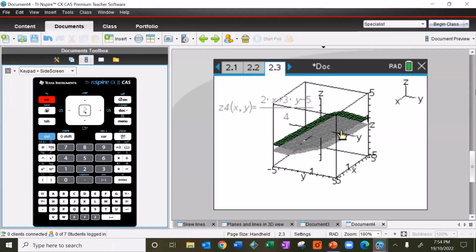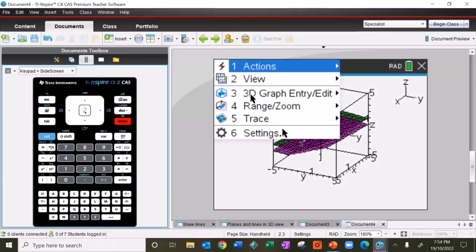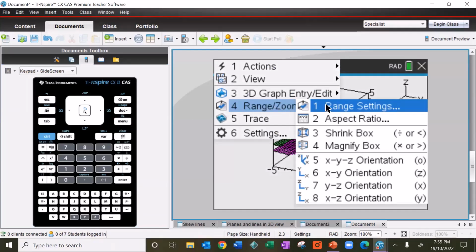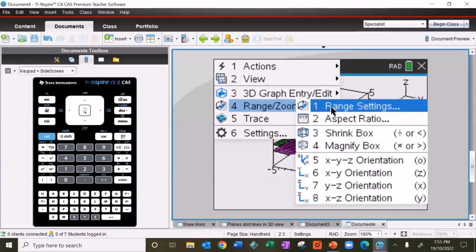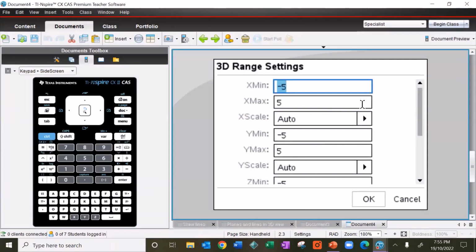The other thing we can change, and you can play with that a bit. Oh, my mouse is dead. I have to use the computer mouse. We can also change the range settings, or you could shrink the box, multiply the box, and so on, or just do the range settings by hand. So if I go, let's say, minus 20 to 20, sometimes it helps with different situations.